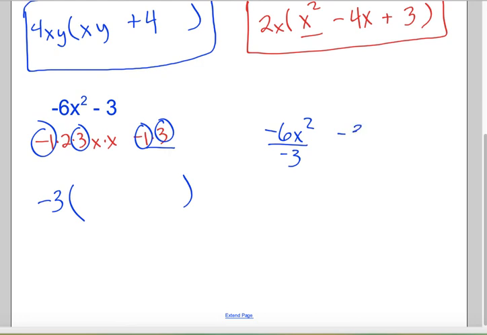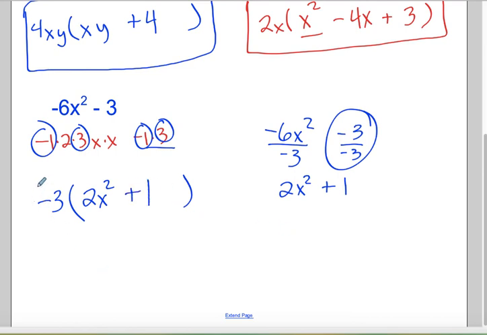And then we have a negative 3 divided by a negative 3 because, again, the GCF is a negative 3. Negative 6 divided by a negative 3 is a positive 2. And then we didn't take any x's out, so we just have 2x squared there for the first term. And then the second term, negative 3 divided by negative 3, will get a positive 1. So the second term in the parentheses is a plus 1. And here is our answer for the factored form.